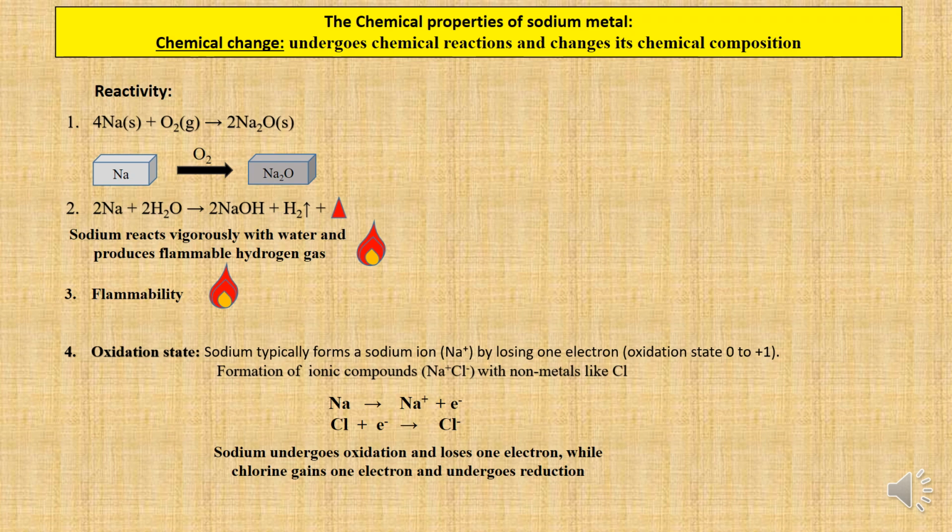Now in all these four examples, you can see that sodium undergoes chemical reactions, and after the chemical reaction, there is a change in the chemical composition. So after the reaction is complete, sodium no longer remains as sodium. There is a change in the chemical composition.